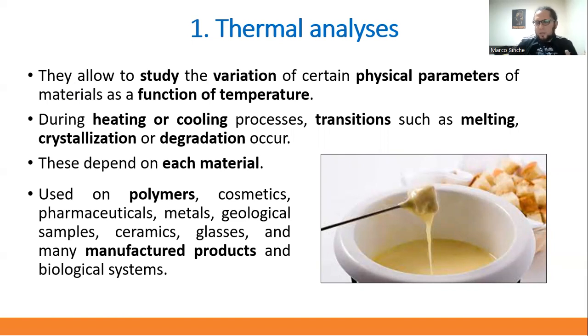And through the measurement of these changes, one could learn several things about these materials because these changes are typical or characteristics of each material. These analyses are commonly used in polymers, but they can be applied in other types of materials, including manufactured products such as foods. In the example, we could see melting cheese that is used in fondue.